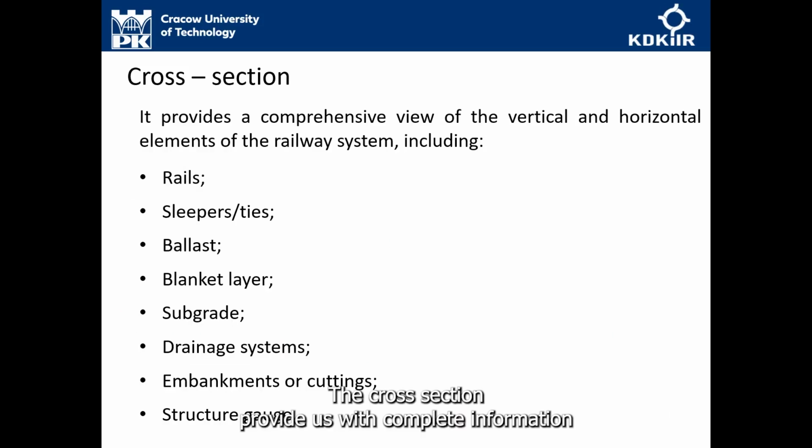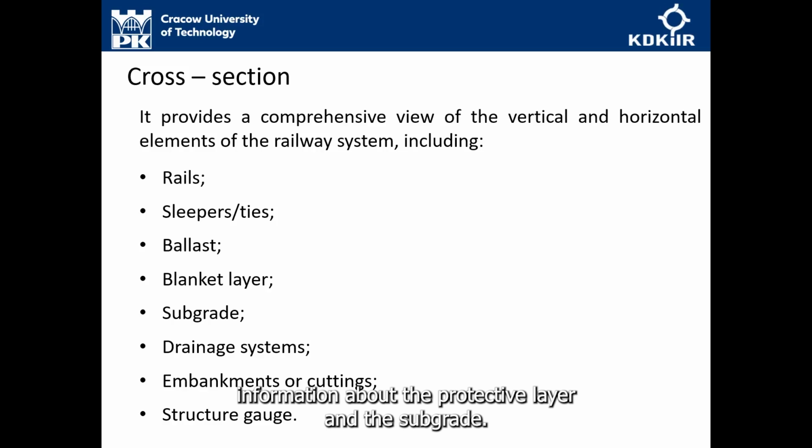The cross-section provides us with complete information about all elements located in the horizontal and vertical alignment. Of course, the most important are rails, railway sleepers, and ballast. Additionally, we have information about the protective layer and the subgrade.